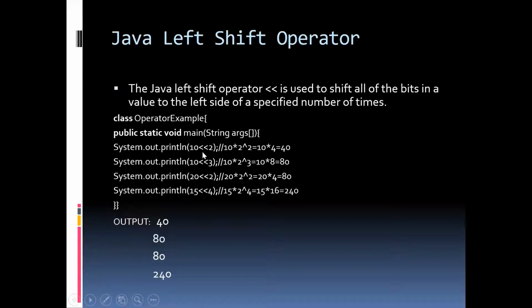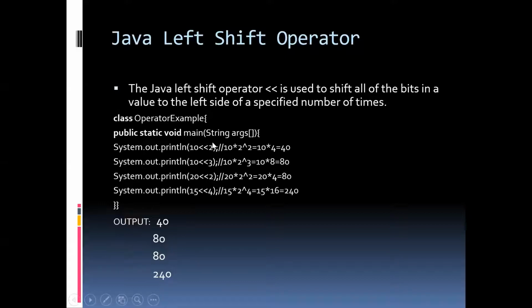If you see this program over here, 10 << 2. This left shift operator is given the symbol like this, less than, less than. When this is there, it means you have to do left shifting. You have to change this 10 into binary, so when you change, you'll get 1010. This says how many bit positions you have to move.